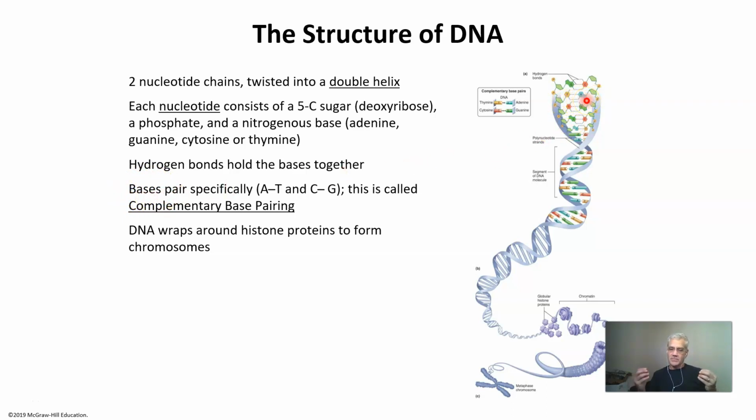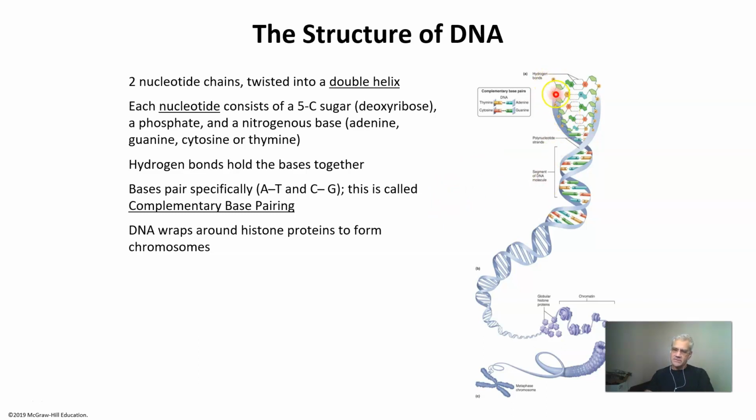Now those rungs are composed of two matched or paired, specifically paired bases. One base is found on one side of the rung. The other base is found on the other side of the rung. And so they connect together in a very specific way to form the rungs. Now, we're going to talk about the backbone in a minute.